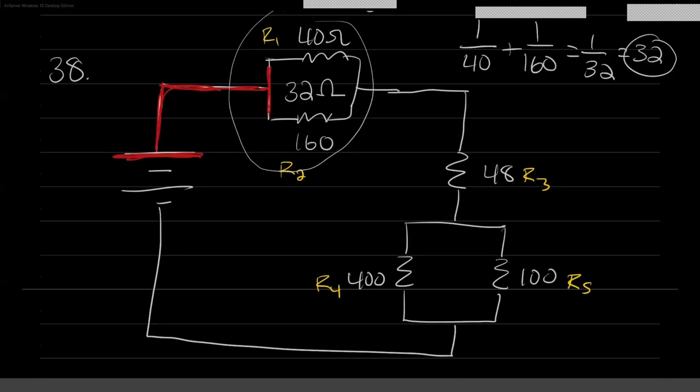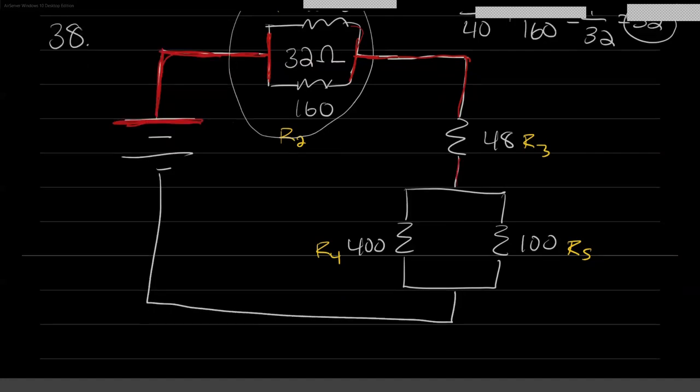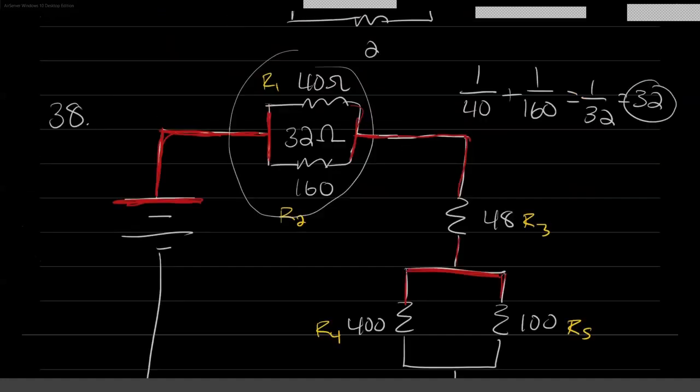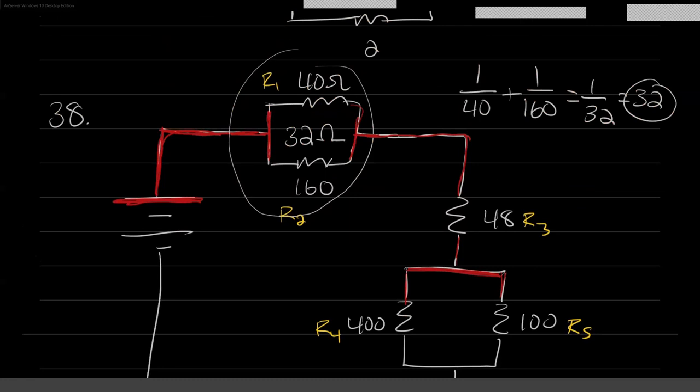So after that, the current's going to come out and meet back up at this junction. It's going to come around, and it's going to hit this 48. Well, that's in series, so it's not going to affect the current at all, so let's not worry about it right now, because this next part will affect the current. So let's do the same idea that we did up here, down here.